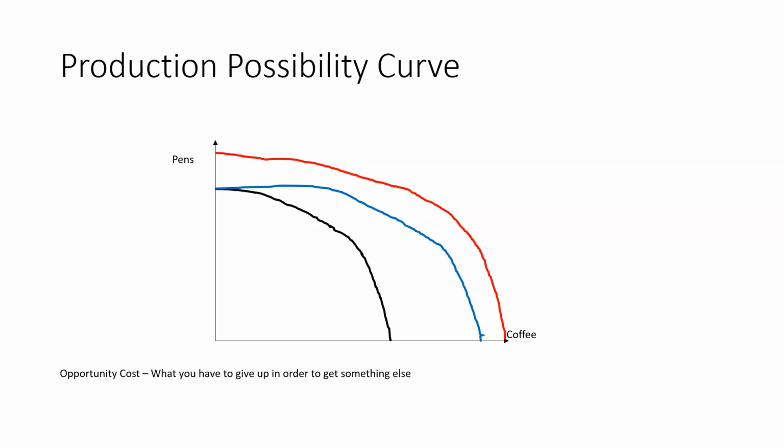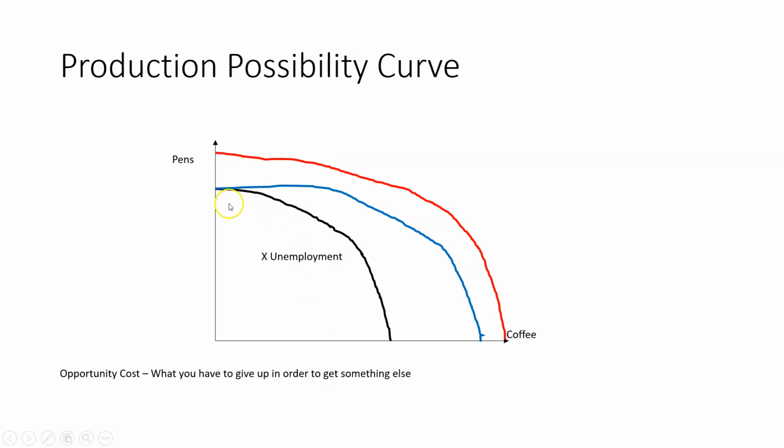Now, what happens if we have unemployment? How would we show that? Now, this you have to be careful about. The black curve represents using all of our resources. Where would we be if we did not use all of our resources? Well, we'd be below the curve. Any combination of pens and coffee which puts us below the curve would represent unemployment. Those would be considered inefficient amounts.